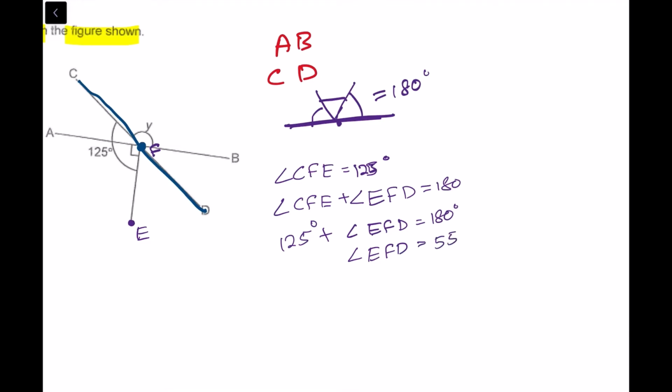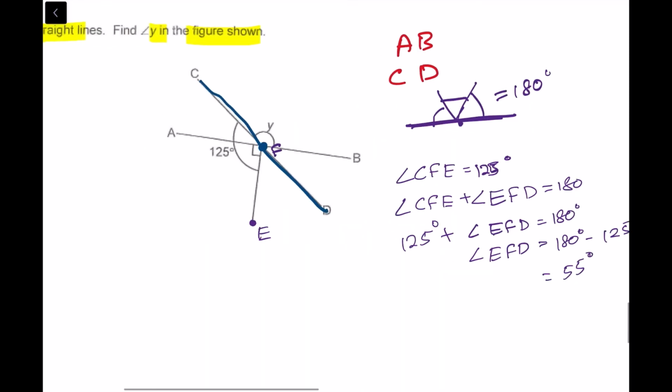Since we have 180 minus 125, I'll just write that down. We have 180 degrees minus 125 degrees, which would give us 55 degrees. So this angle over here, angle EFD, would be 55 degrees.